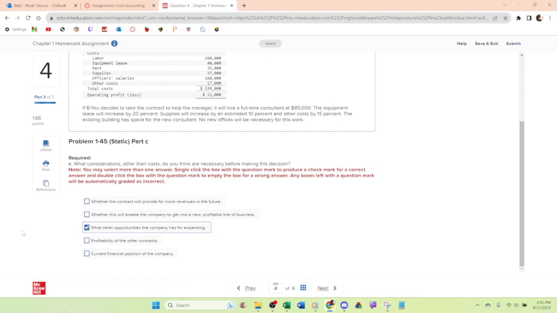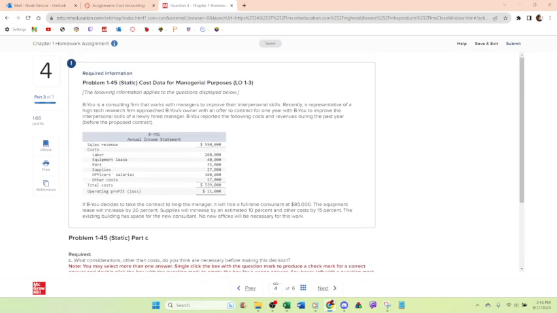And current financial position of the company, well, I think that is still relevant because even though it will make a profit on paper, you might not have the liquidity to afford this. Well, as long as it's paid up front, though, I guess.